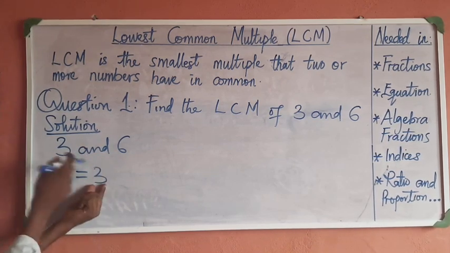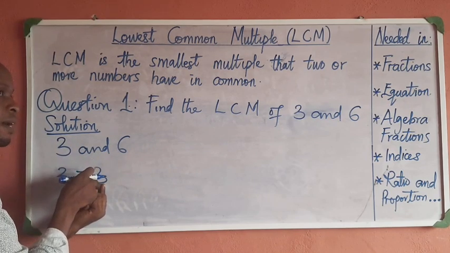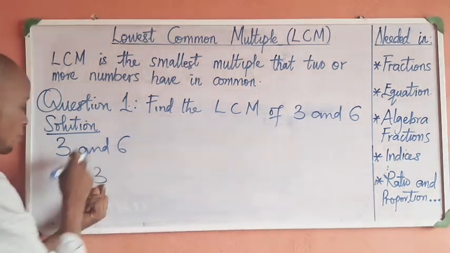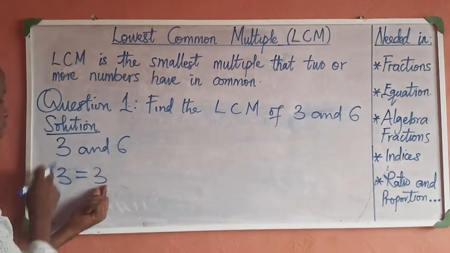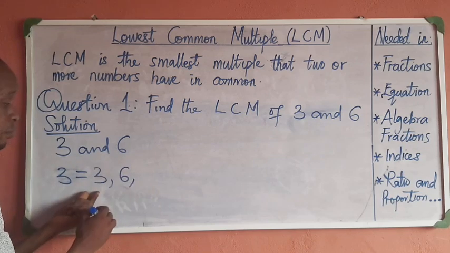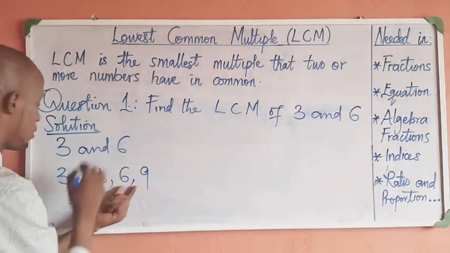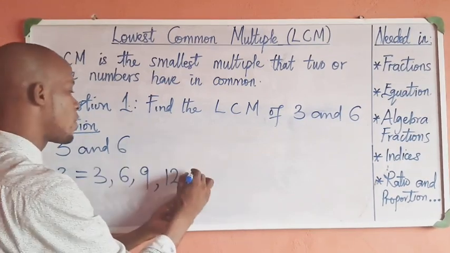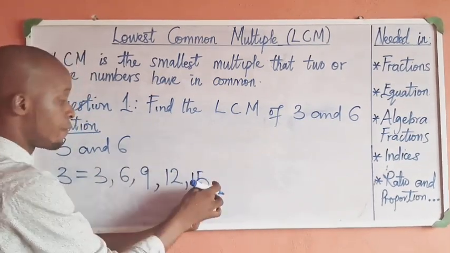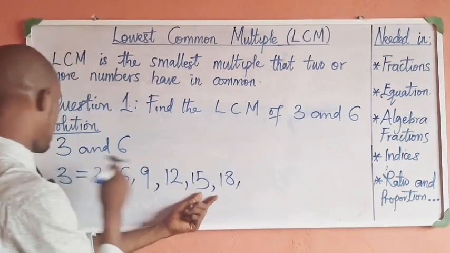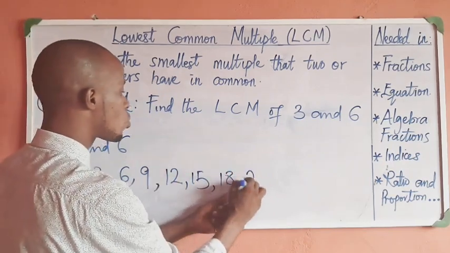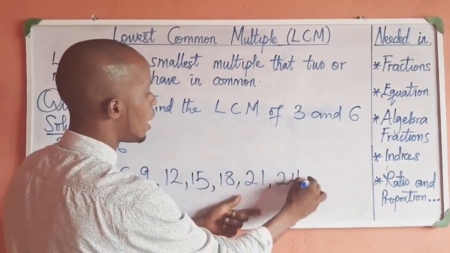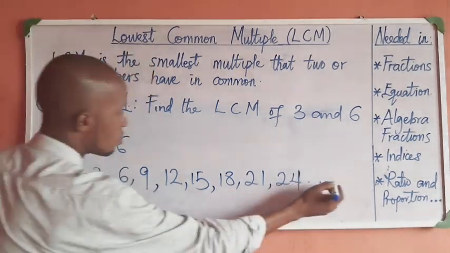And then I will continue to add 3 to my answers so that I can have more multiples of 3. 3 plus 3 will give me 6. 3 plus 6 will give me 9. 3 plus 9 gives 12. 3 plus 12 gives 15. 3 plus 15 gives 18. 3 plus 18 gives 21. 3 plus 21 gives 24. And so on.